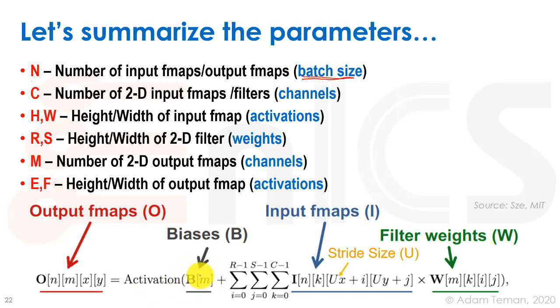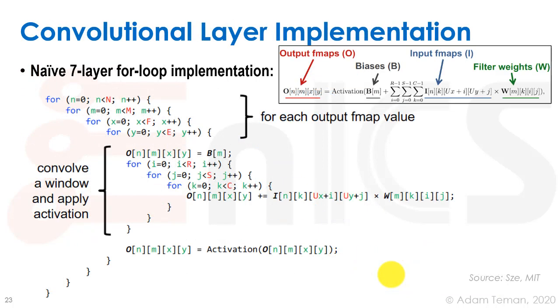It's going to take the bias for this output channel, plus a three-dimensional sum of our input times our weights, and it also takes into account the stride over here. So there are a lot of parameters inside there.